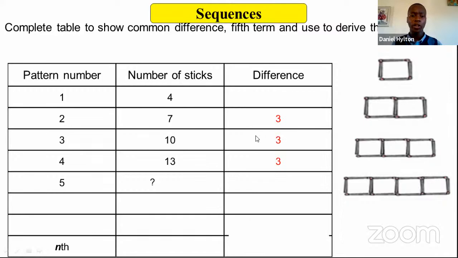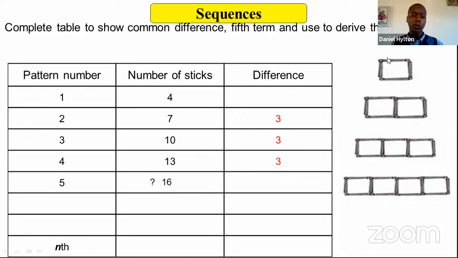So using our common difference of 3, if we add 3 to the 4th term, we would get our 5th term. We're working with 13 for the number of matchsticks for our 4th term, right? Adding 3 to that, we'll get 16. So our 5th term would have 16 matchsticks.